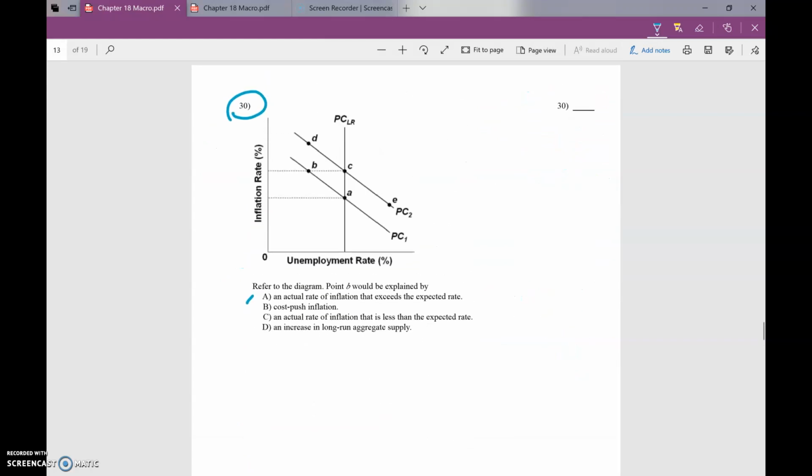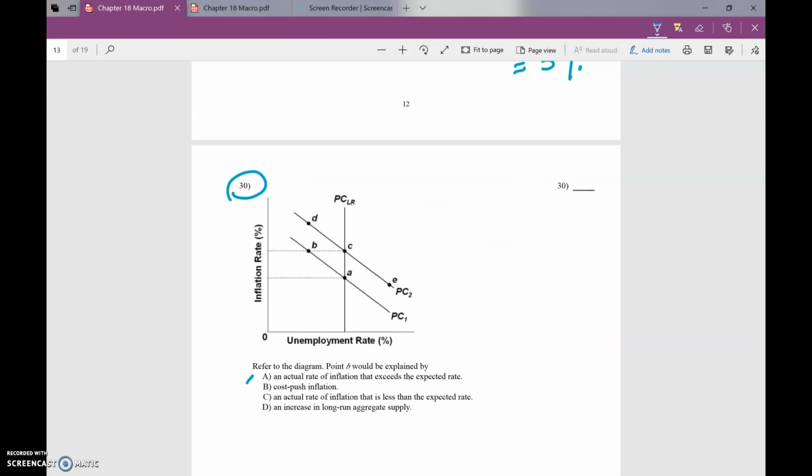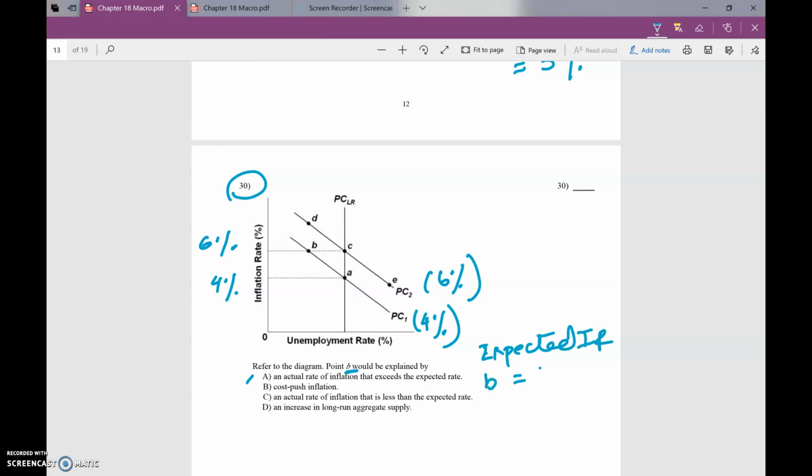Right, I believe we have another question to look at. Okay, point B. Again, when you look at these questions, just try to figure out which Phillips curve point B is on. Because point B is on Phillips curve PC1, the expected inflation rate at point B is equal to 4%.